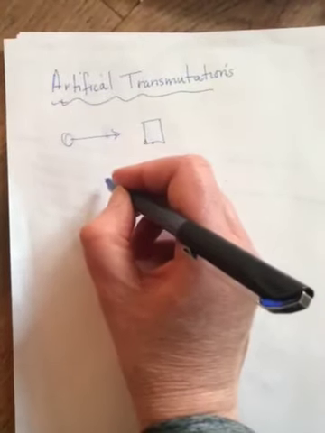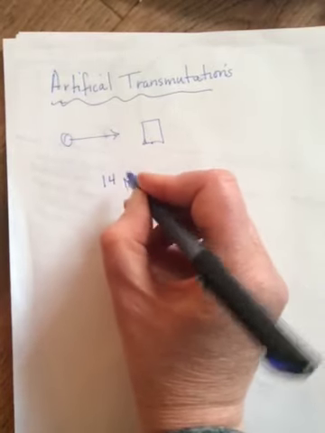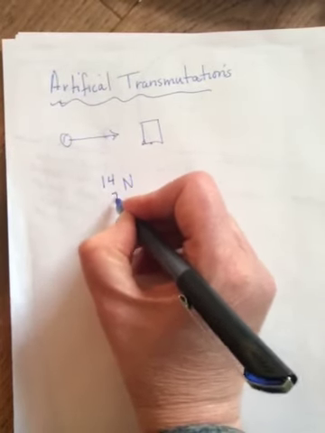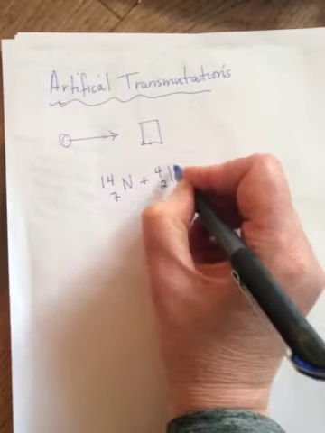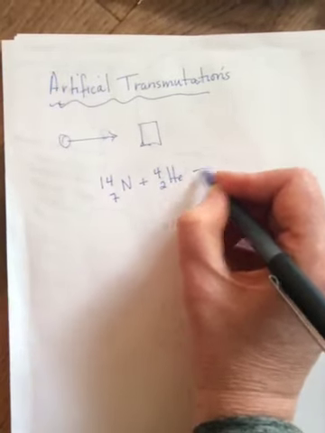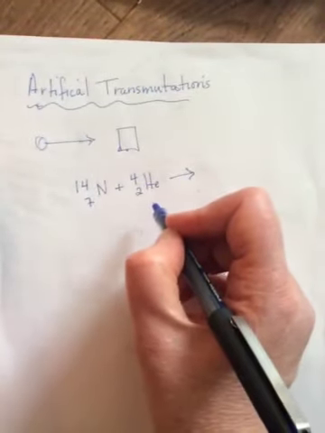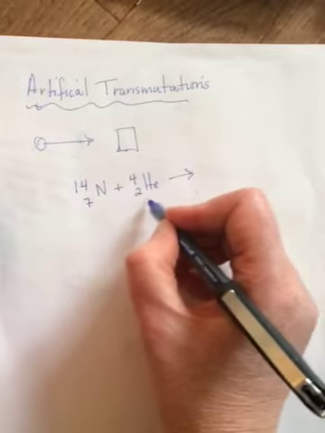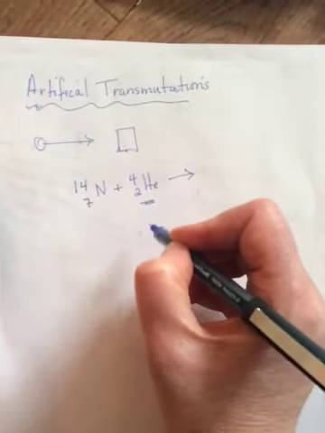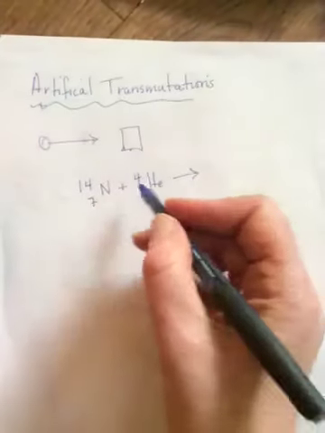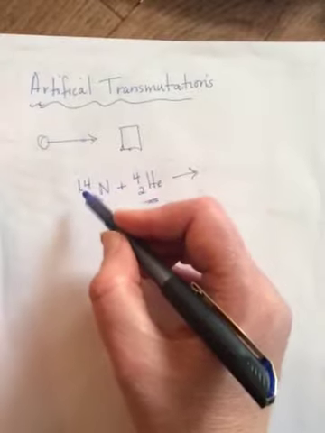So one example would be if your sample is nitrogen 14 and you shoot high energy alpha particles at it. Okay, what happens is it absorbs and breaks down. Now you'll always be able to recognize the artificial transmutation because on the reactant side there'll be something added in. Whereas when it was just spontaneous transmutation, there was just one lone reactant.